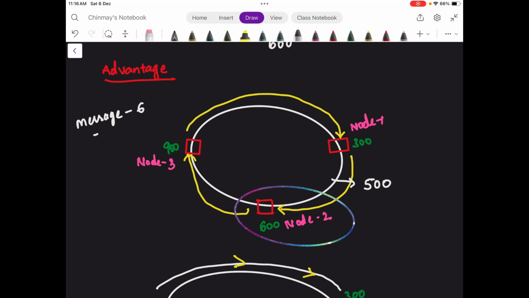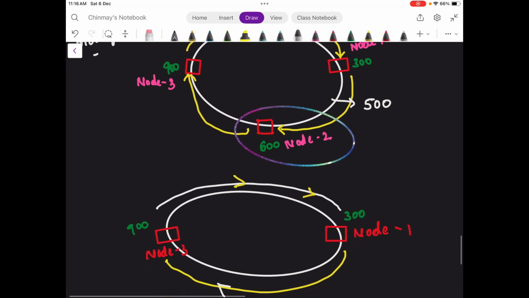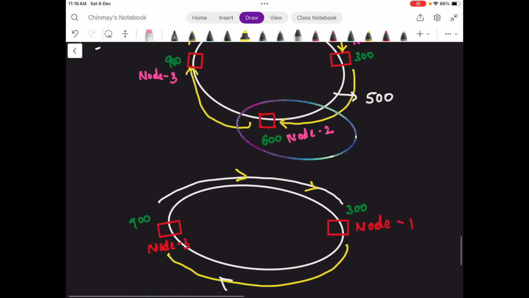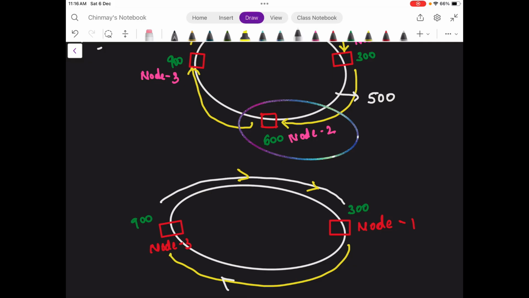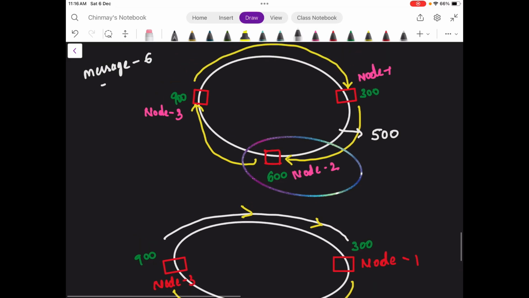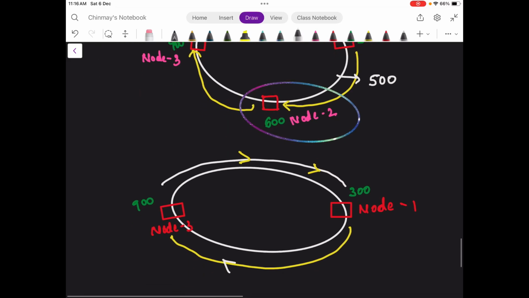When node 2 gets down, all these messages will be distributed to node 3. Again, if you retrieve message 6 after node 2 is down, it goes through the hash function and gives a hash ID of 500.